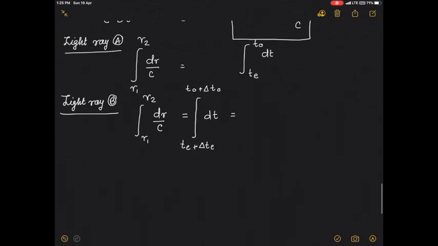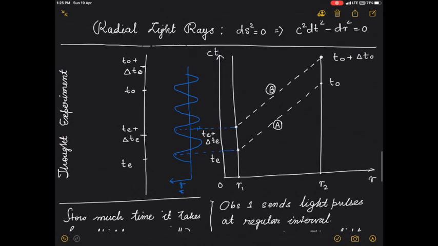This integral I want to break down. So let's see what the limit of this integral is in this timeline diagram. The limit is from emitted to observed.